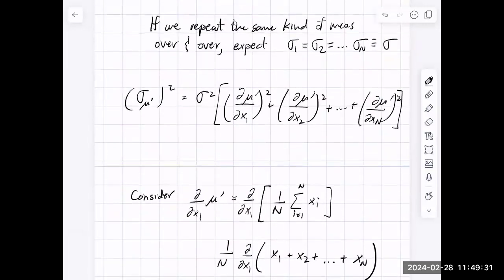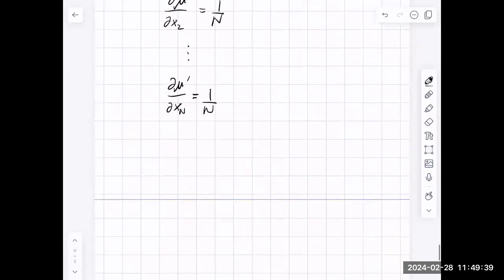So then we want to go back here and just say each one of these derivatives is a 1 over n. Okay, so that means sigma mu prime squared is equal to, we had a sigma squared out front, and then we had all these derivatives that were squared. And each one of those derivatives is going to be a 1 over n.